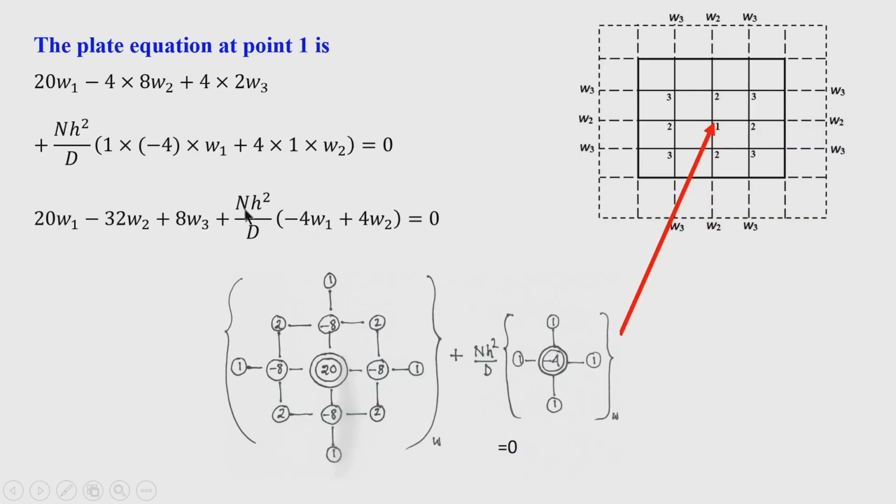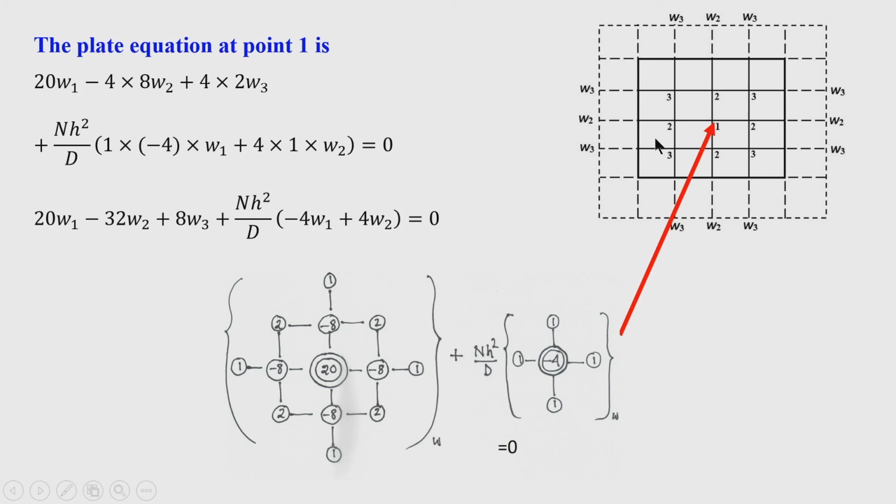Because of symmetry, if this is the central deflection W1, then the deflection at this node is W2, here also W2, W2, W2, and then also W3, W3, W3 and W3.